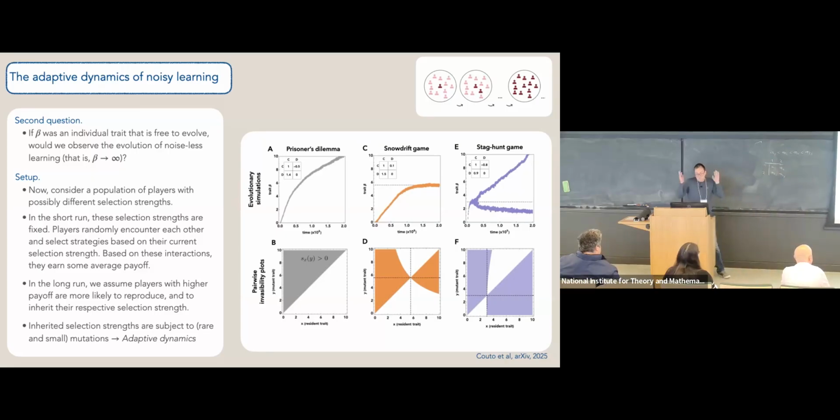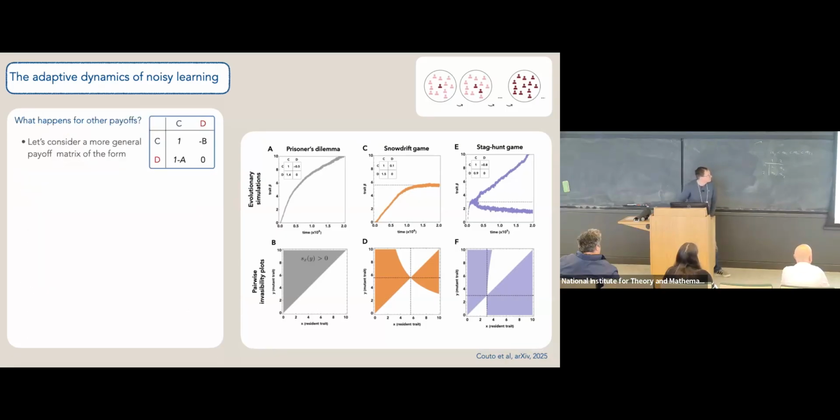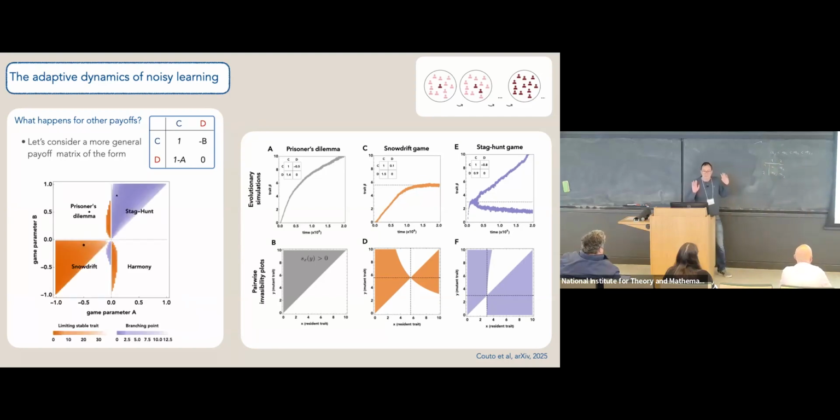Now, I've always shown you two or three examples. You might want to know, how general is this phenomenon? So we looked at this general parameterization of 2x2 games where you have these two free parameters, A and B. And you can ask yourself, where will I see which case? And what you get is this kind of graph. White here means that you have selection towards infinite beta.